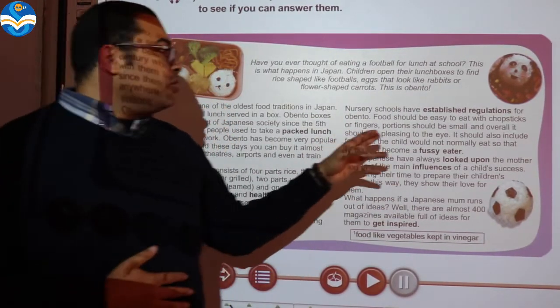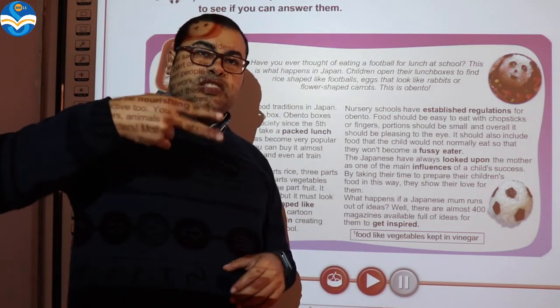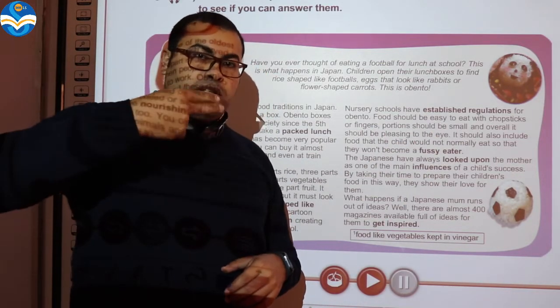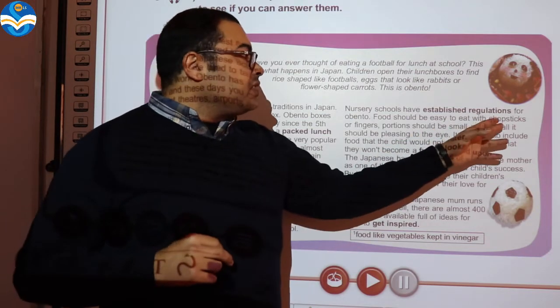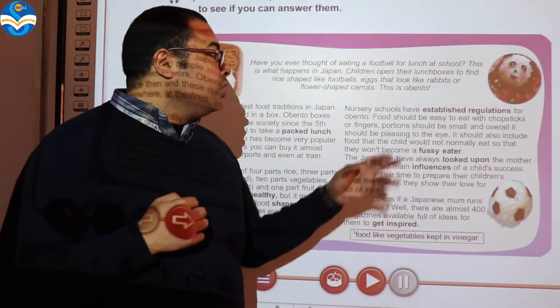For Obento, food should be easy to eat with chopsticks. Chopsticks means two pieces that Japanese people eat with. So chopsticks must be included in your Obento.